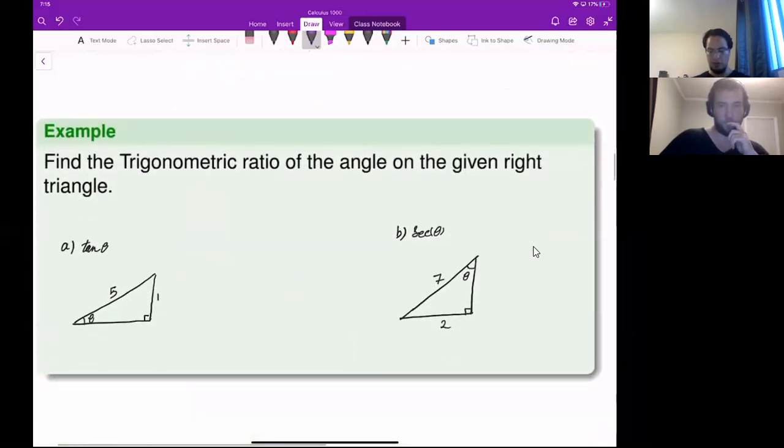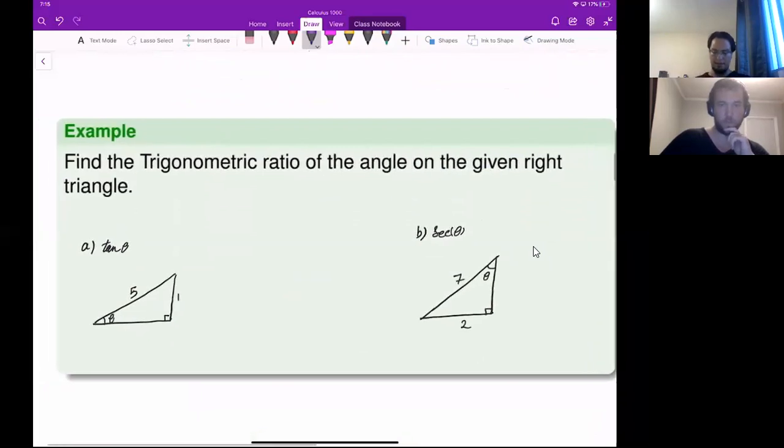Okay, so let's do, for example, some cases here. If we have a triangle given by the angles with a specific angle, it's enough for us, by the way, to know only two of these sides, then I can find all the trig ratios of those angles. You may say, okay, to define all those six ratios, we need three sides.